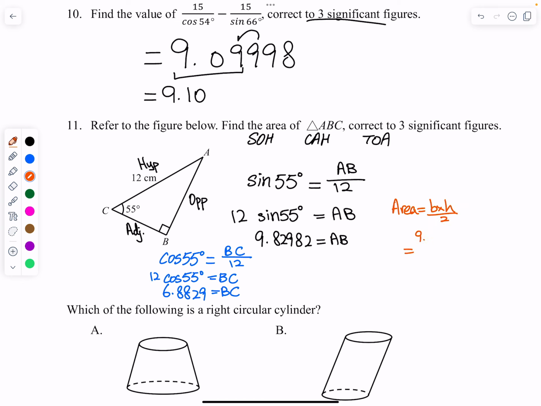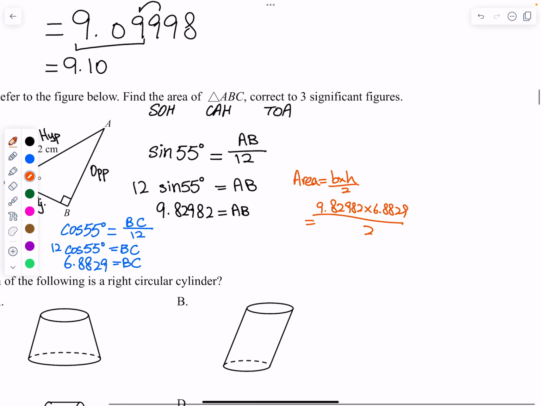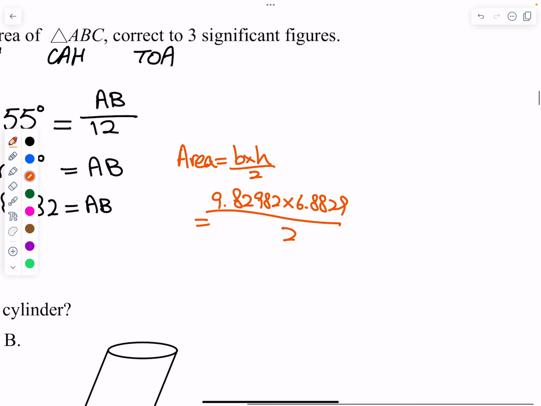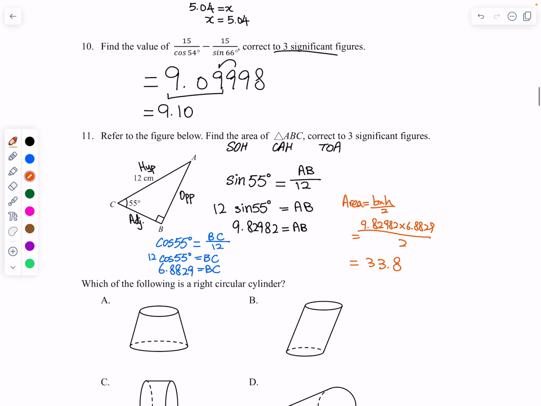So the two values you found, times height, divided by 2. Alright. And then just click calculator. 82982 and then divided by 2. You should be able to get it as 33.8. Alright, in the end you need 3 sig fig. Okay, so 3 sig fig.